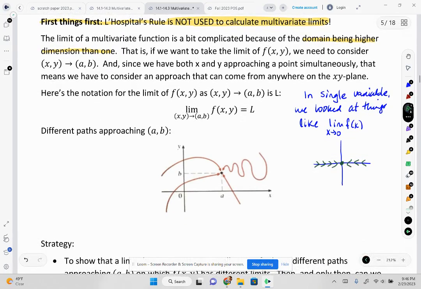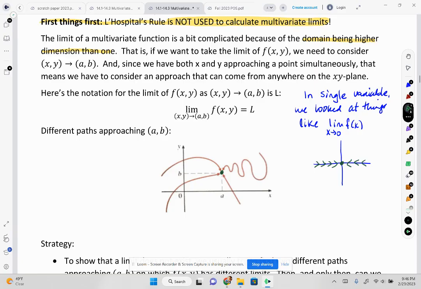But when we get to multivariable and we're looking at an ordered pair x, y trying to approach some point (a, b), then, for example, in this picture the point (a, b) is in the first quadrant, and there are four different paths shown of x and y approaching this point.